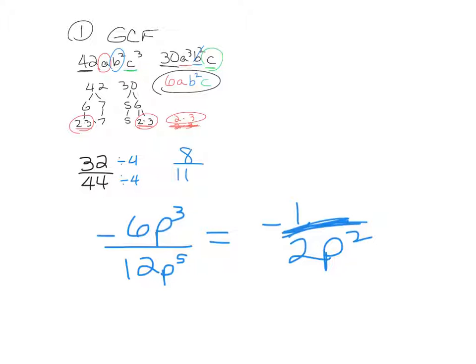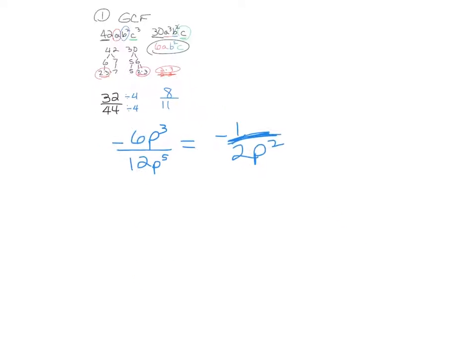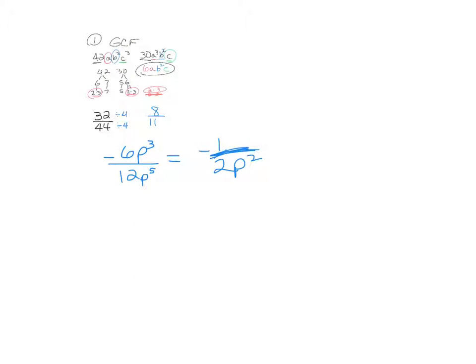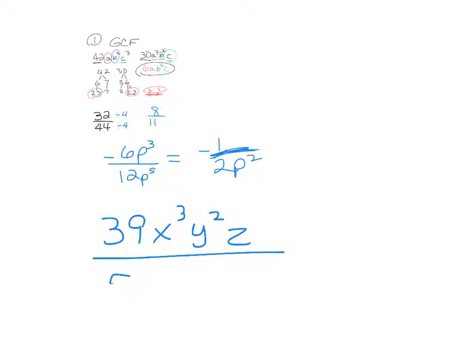Then you're going to get another one with more than just one letter. Let's say I give you 39x to the third y squared z divided by 52x squared y. So I need to reduce my 39 over 52.